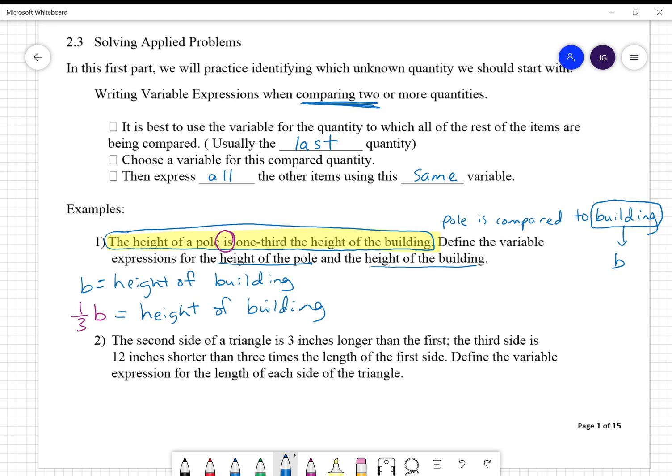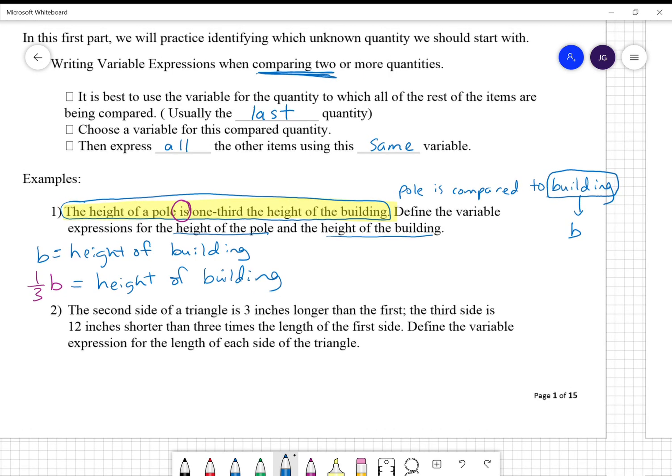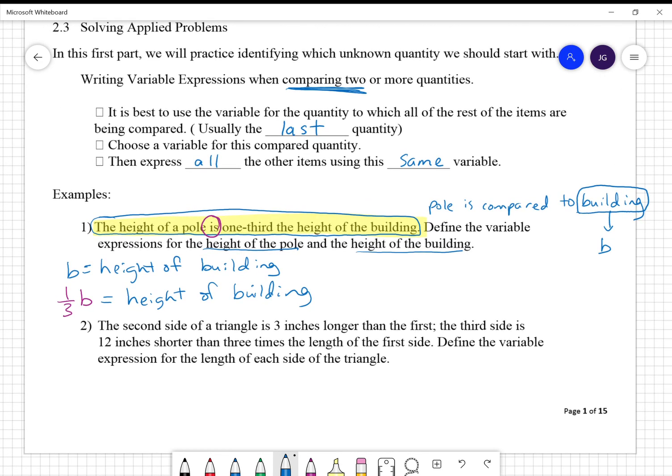Okay, let's look at the next one. The second side of a triangle is 3 inches longer than the first. The third side is 12 inches shorter than 3 times the length of the first side. Now, let's do this in green. The second side is 3 inches longer than the first. So second is being compared to first side.